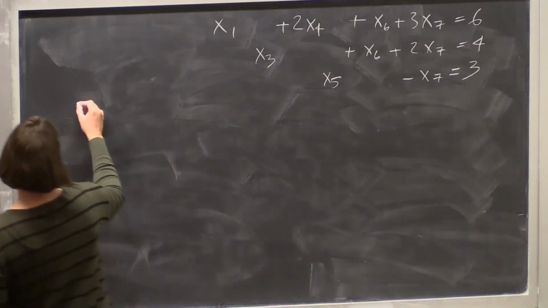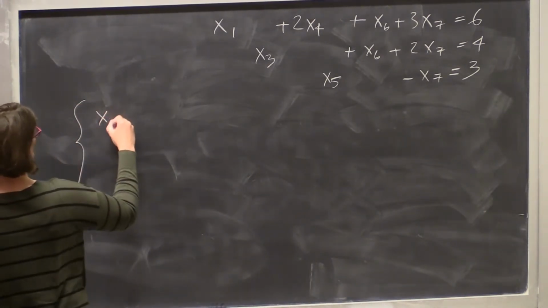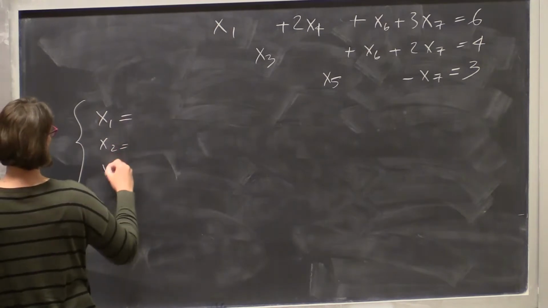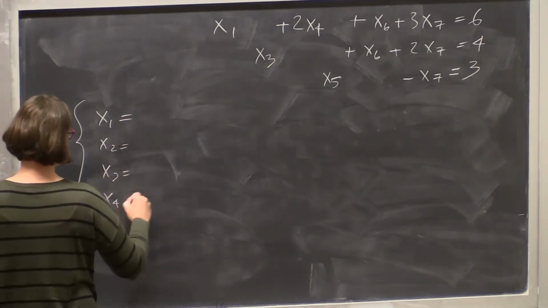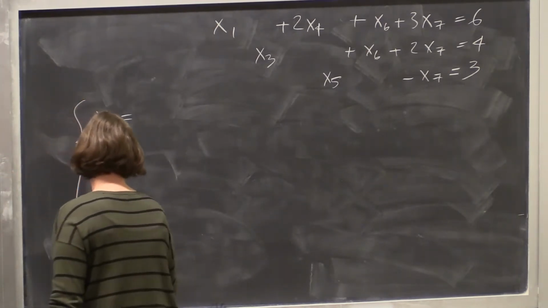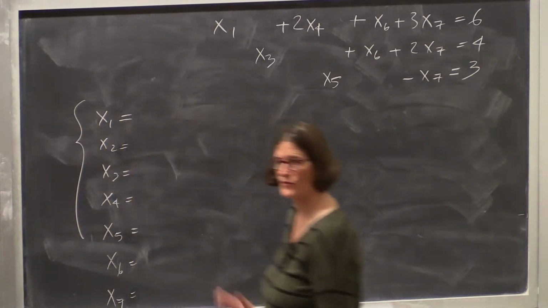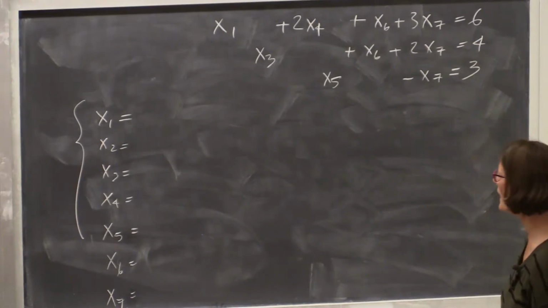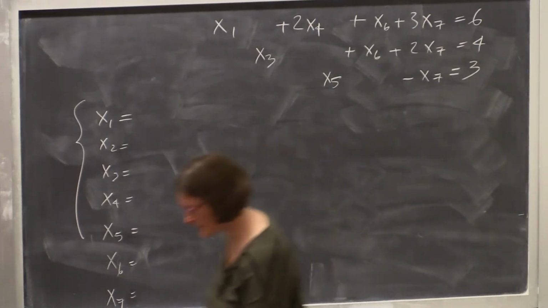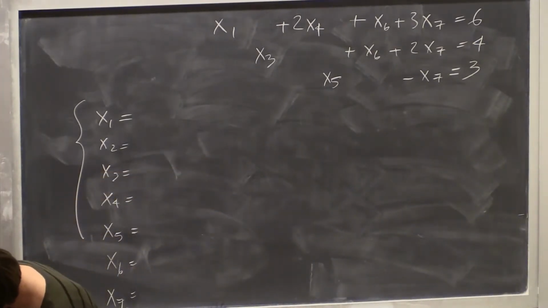And we want to write down our general solution. So we have 4 free parameters, S, R, T, or whatever. We give them names.